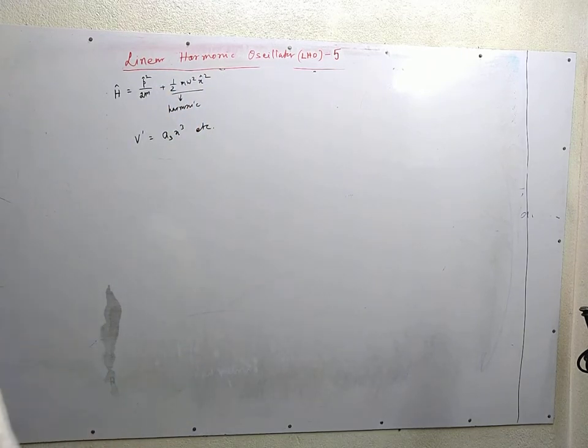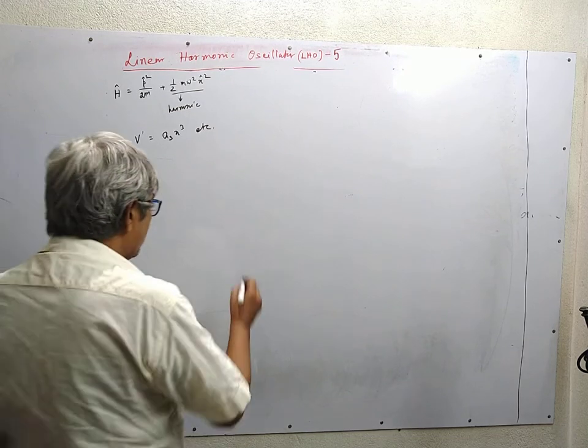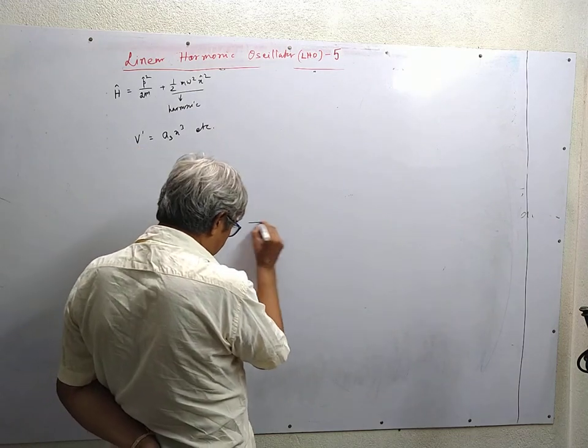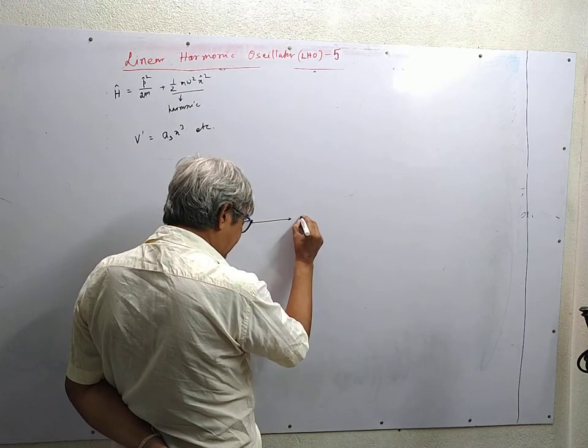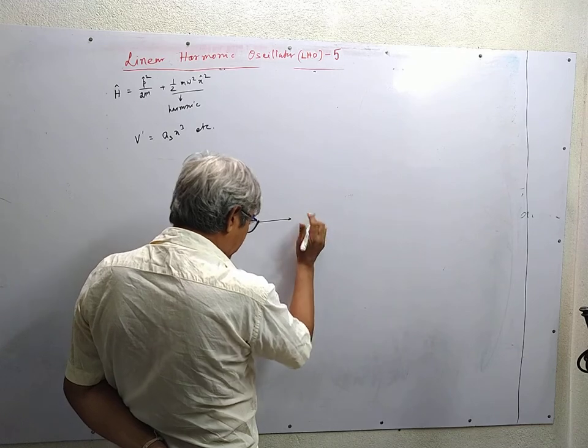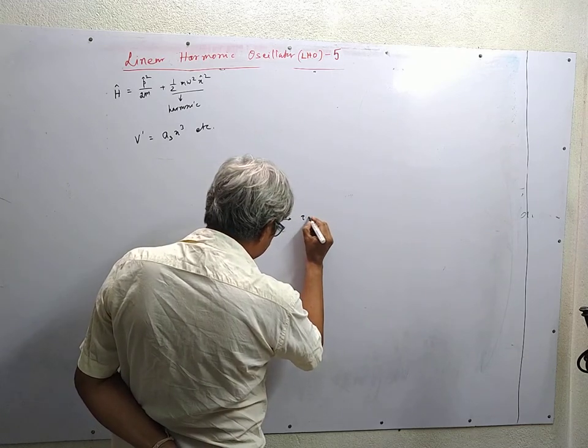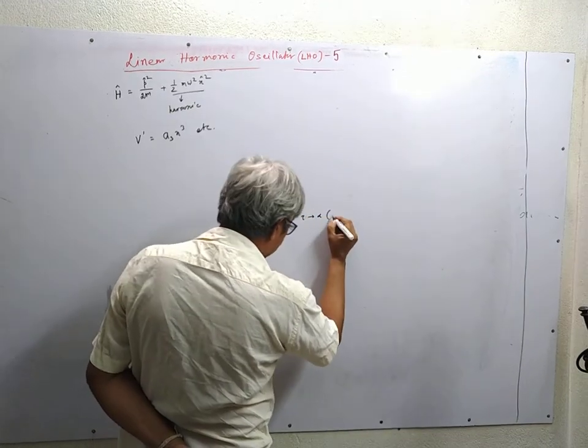And due to this interaction, the exact bound state will, in a bound state, the particle remains there for, if we call the time period tau, is infinity in a stationary state.